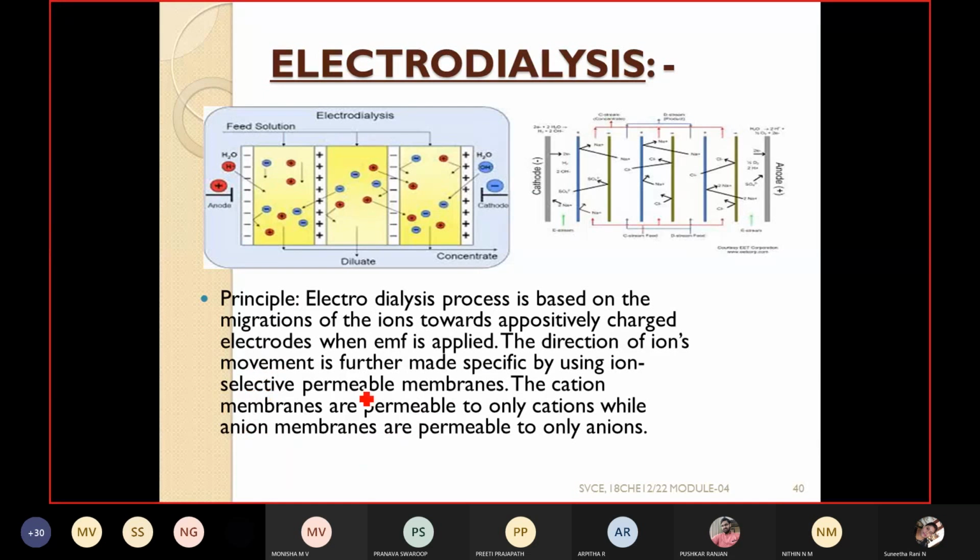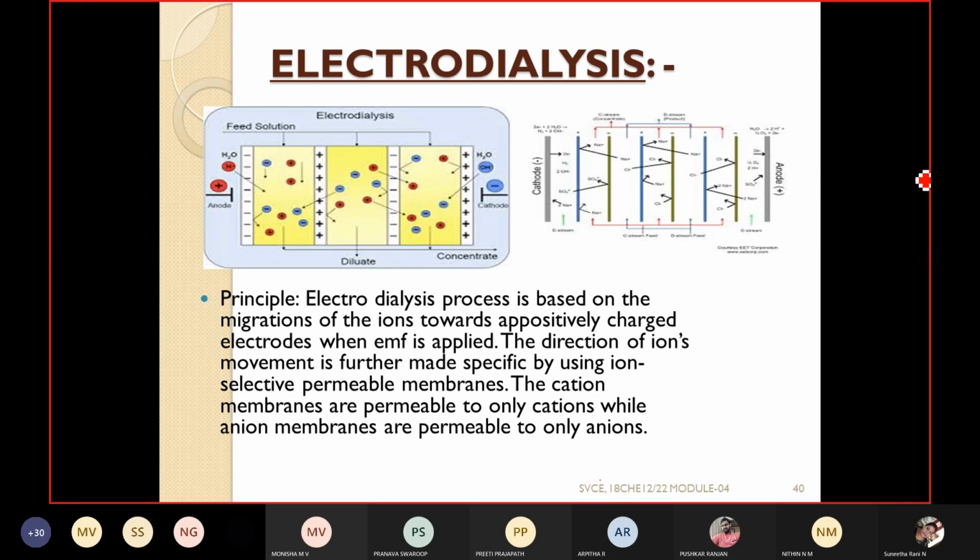The electrodialysis process is also for removal of salt. Here we have different electrodes, like cathodes and anodes. You can see the blue color one, this is a cathode, and here is an anode electrode.